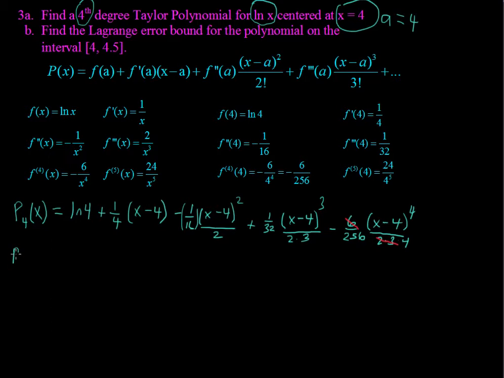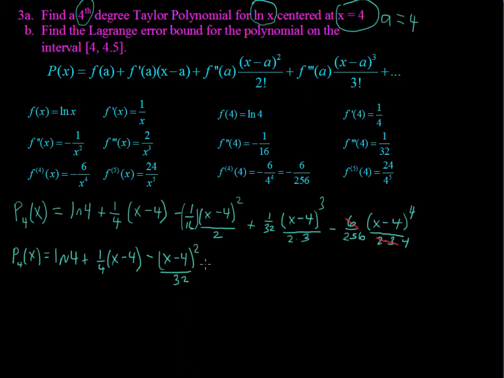And then we just need to rewrite this in simplified form. So p4 of x is equal to ln of 4 plus 1/4 times x minus 4. And then 1/16 divided by 2 is 1/32, so minus x minus 4 squared over 32.